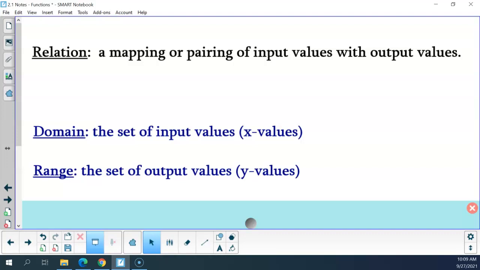Now, within that list, we don't like to have repeated values.